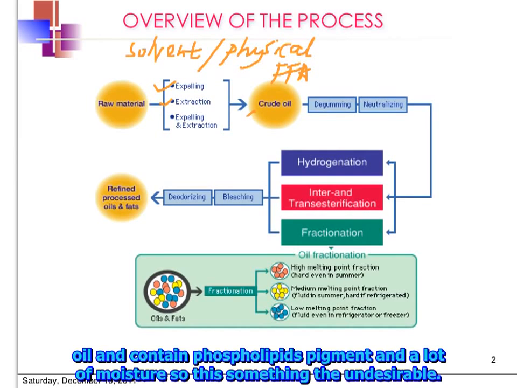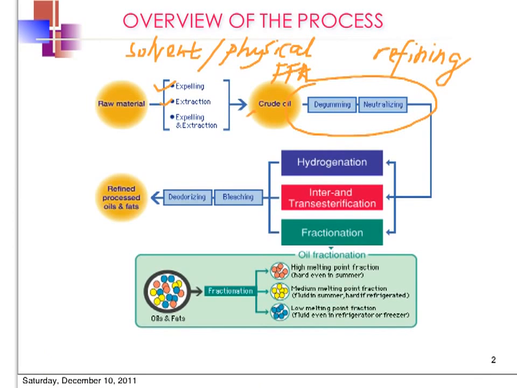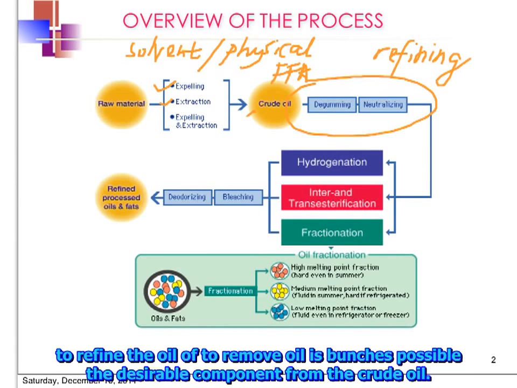So this is something that is undesirable. The next process is to purify the oil, which is what we call the process of refining: to remove as much as possible the undesirable components from the crude oil.